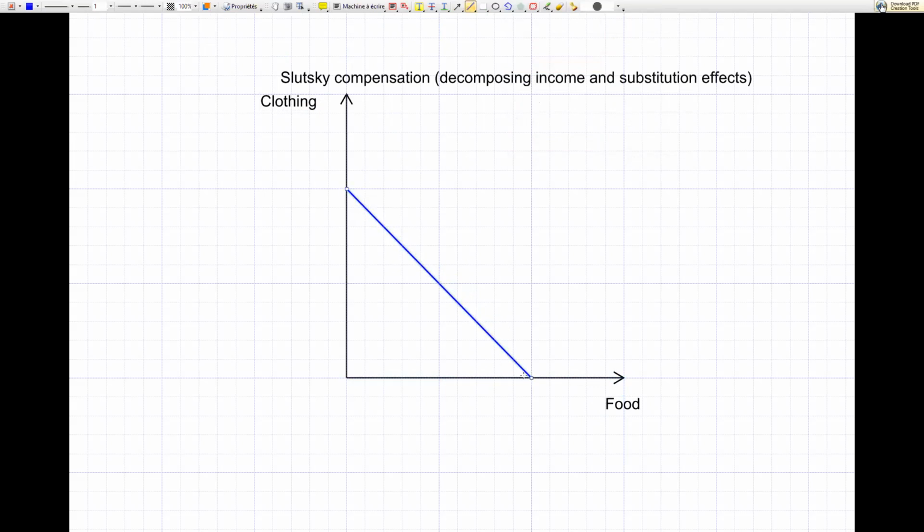And then the price of food doubles. This goes red. Imagine we were consuming, let's see here, before, and now we're consuming, let's see here.